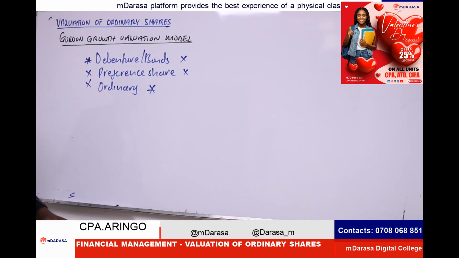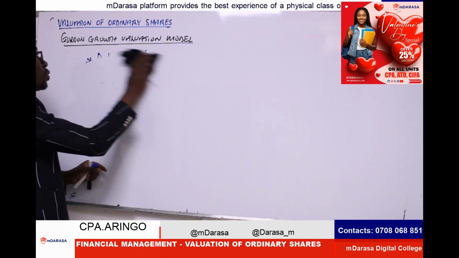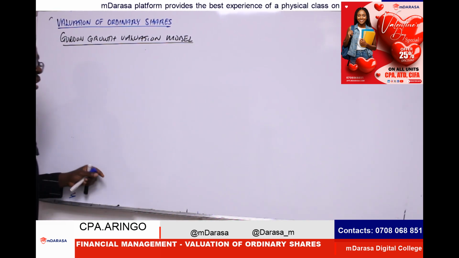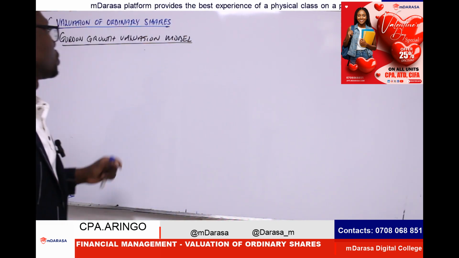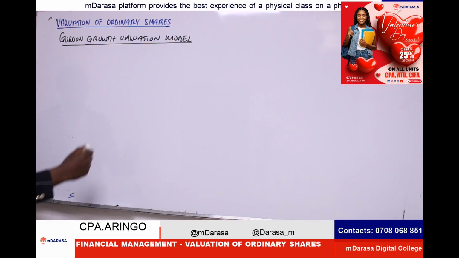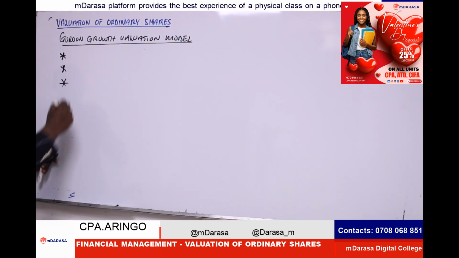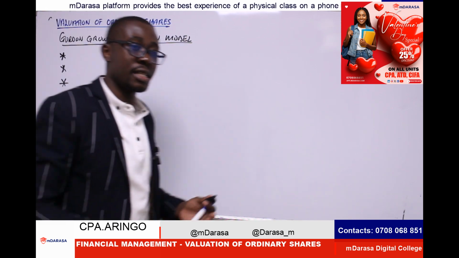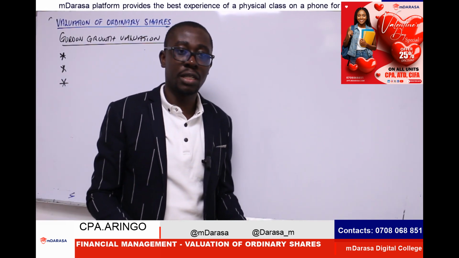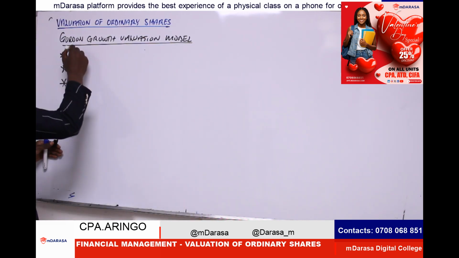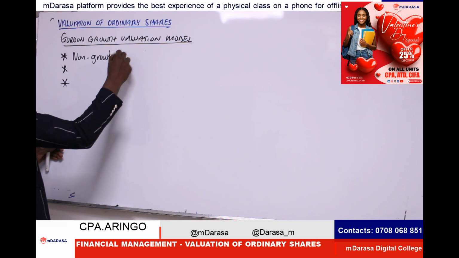To do this, we will be looking at a question from our past paper, because the focus today is on one concept under Gordon's valuation model. If you can recall, when we are looking at Gordon's valuation model, we say that companies are divided into three. Number one, non-growth firm.